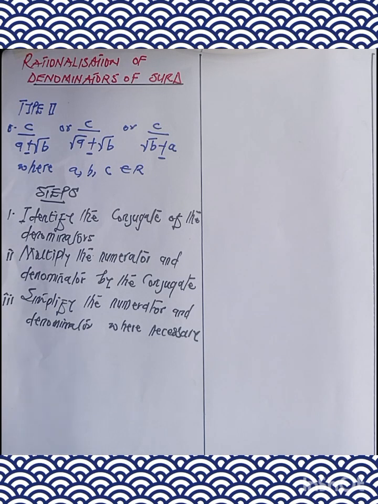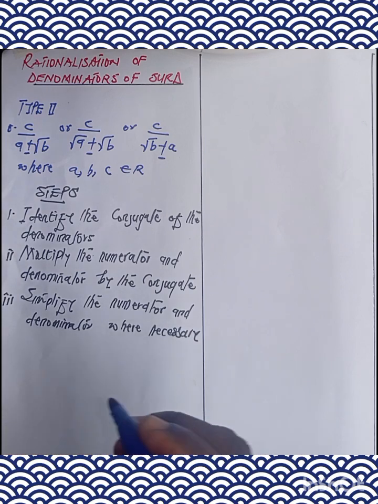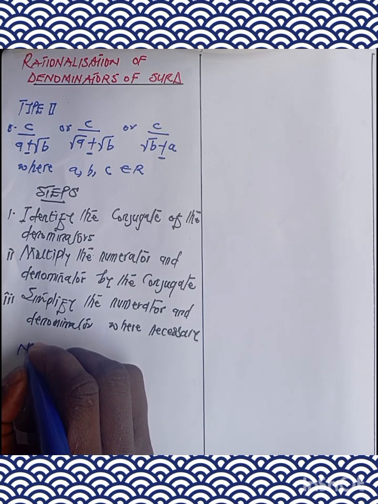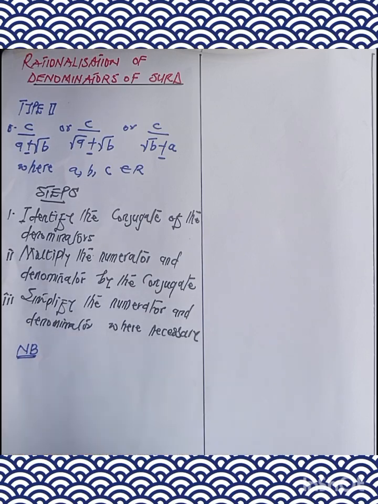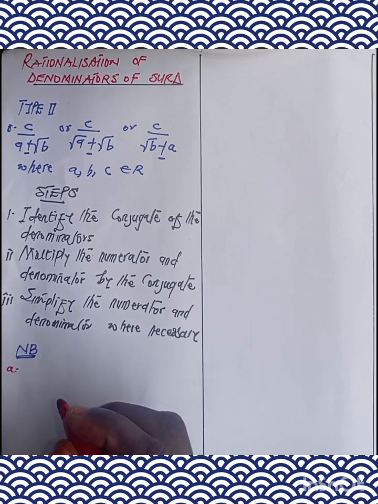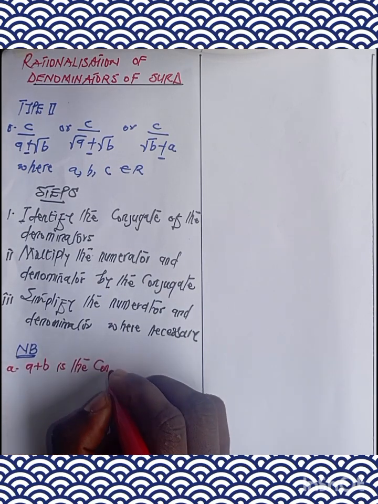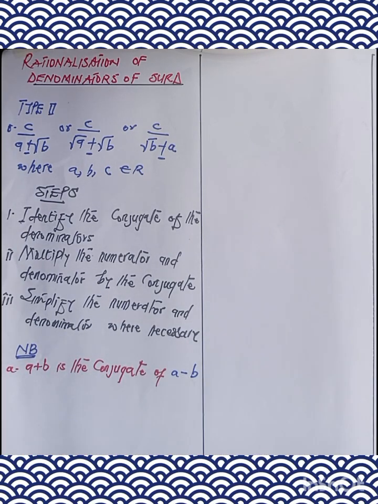Now let's note a few important things here. Under the notes, we have note 1, that is a plus b is the conjugate of a minus b.